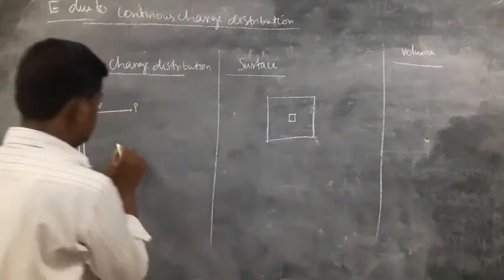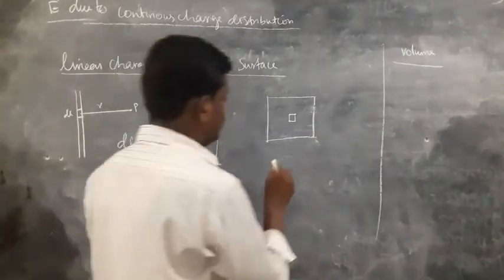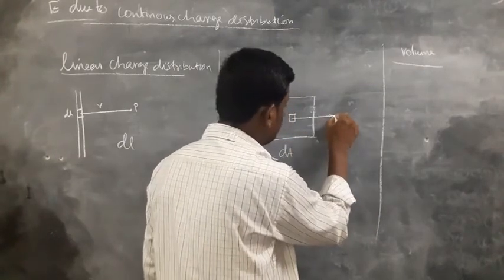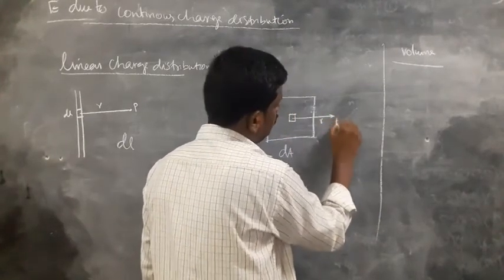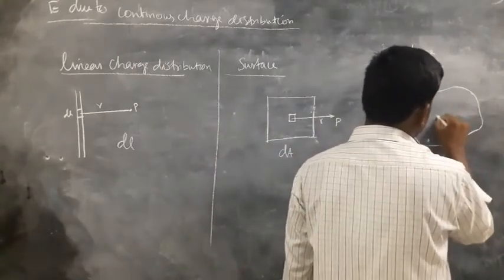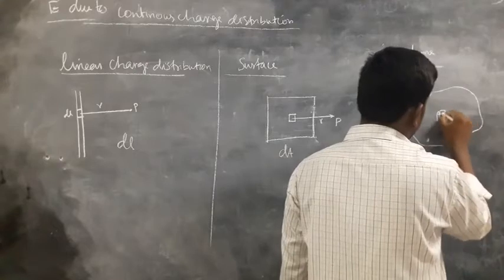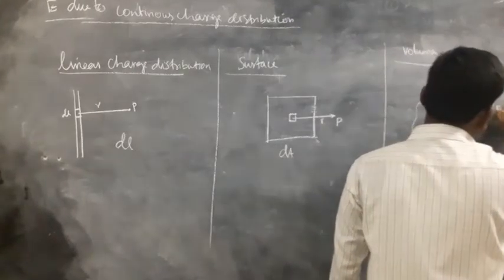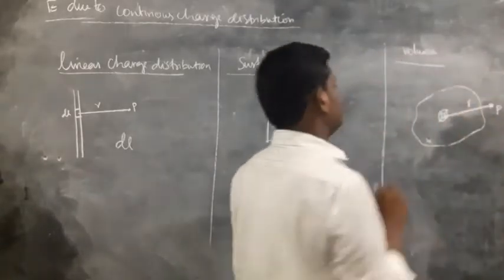So here it's dl, here it's dA. Then for an irregular body we take a small volume dV, and find the electric field at the point P. r cap is the unit vector.